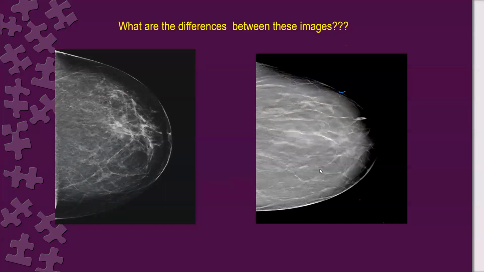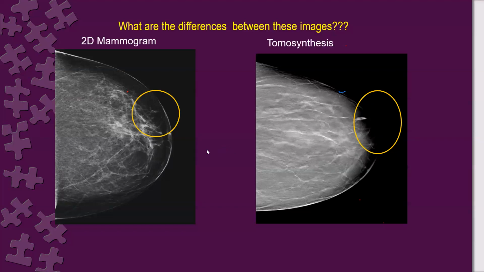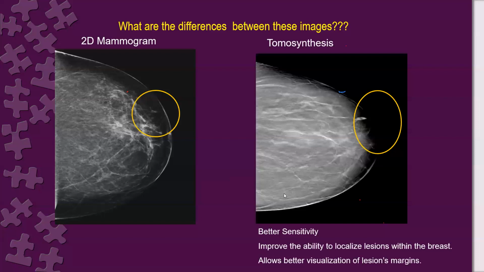No. Can you see here? I can see faintly, I could see something here. But here it is so sharply demarcated. So I'm dealing with tomosynthesis. Yes. This is tomosynthesis, this is 2D.